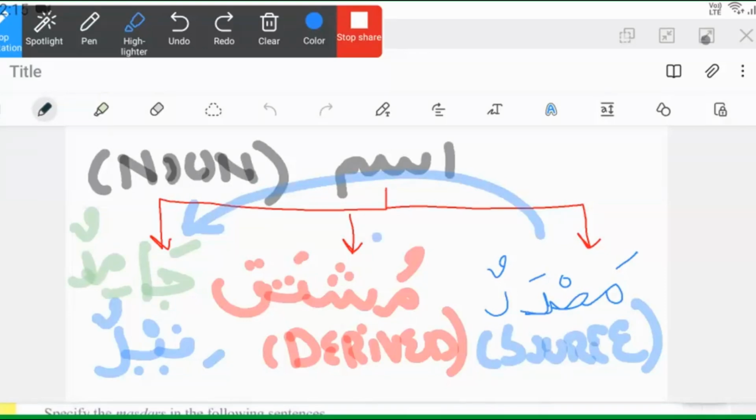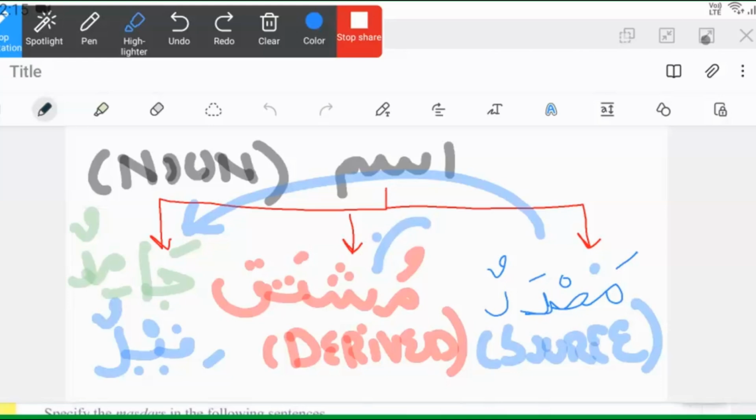But as far as the mushtaq is concerned, it means the derived one. Like we say nasara. Nasara means that a third person was helped. Yansuru means he will be helped. So this can become nasirun, because now it comes to mushtaq. Nasir, the one who is helping. Mansur, who was helped. And the masdar comes as nasrun. Another example: qatala means to kill.